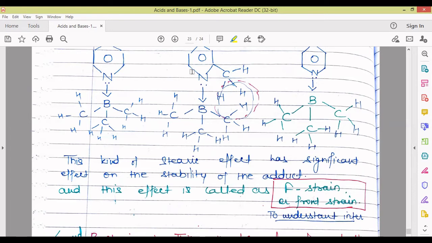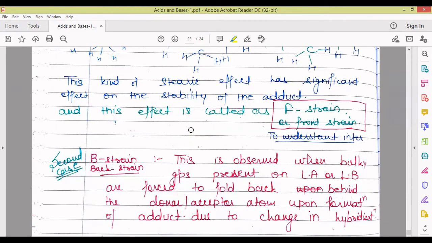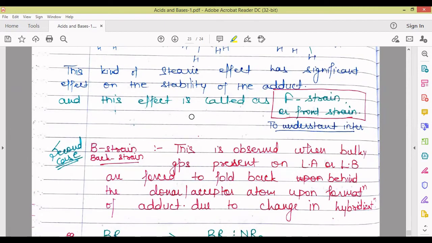Such strains, which are due to intermolecular steric hindrance between the Lewis acid and Lewis base, are called front strain.